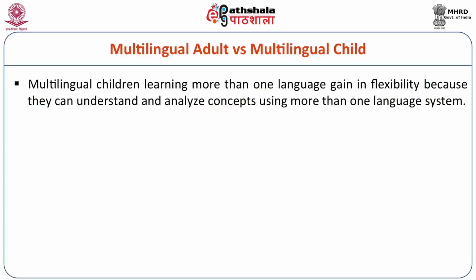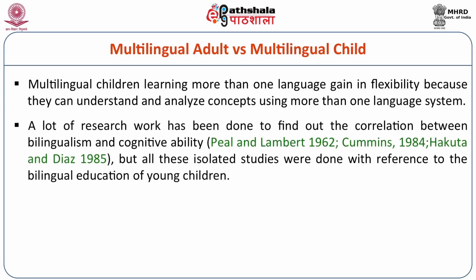Multilingual children learning more than one language gain in flexibility because they can understand and analyze concepts using more than one language system. A lot of research work has been done to find out the correlation between bilingualism and cognitive ability.